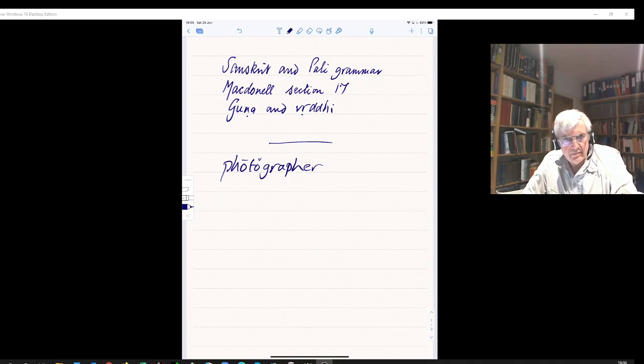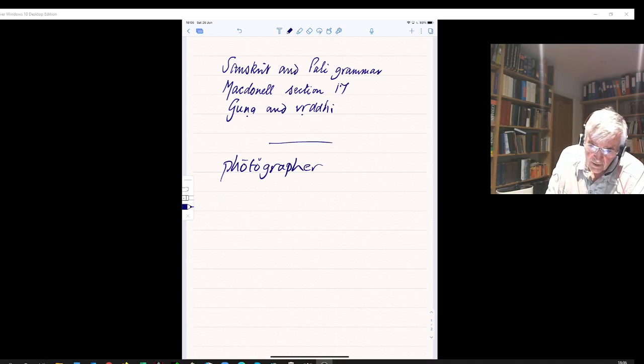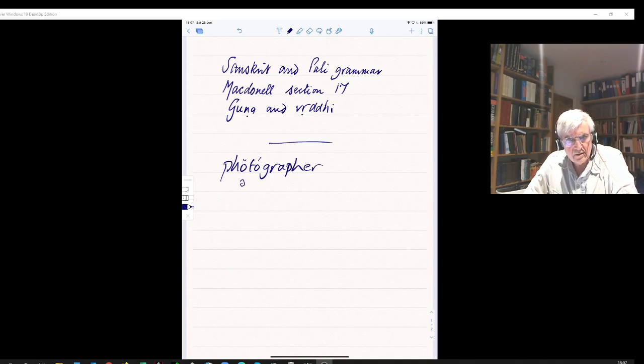We don't say photograph, that becomes photographer. So the quality of the vowels changes here because of the different stresses. Now the first O becomes a short neutral vowel, and the second O becomes stressed but short, photographer.